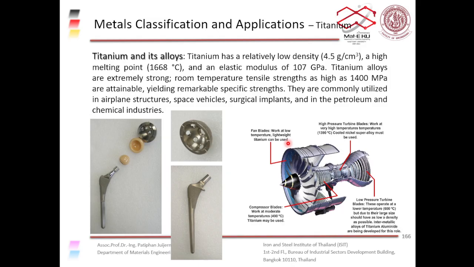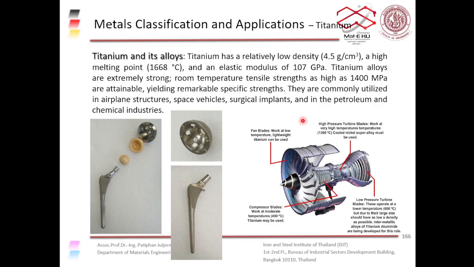Titanium alloys are used in airplane structures and space vehicles, right? So applications where you need lightness and strength. They are also used in surgical implants and in the petroleum and chemical industry, because you want these materials to be compatible with the environment within the body.